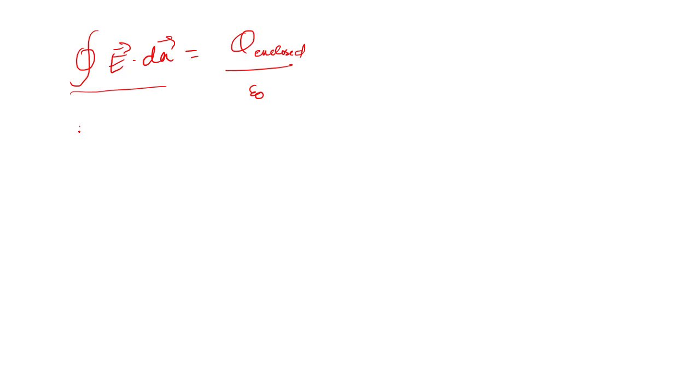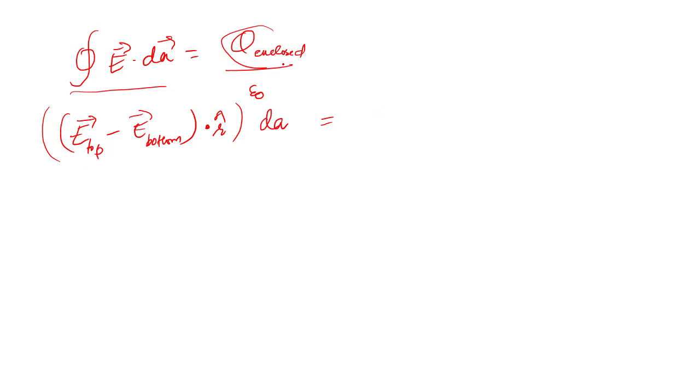So I have E top minus E bottom dot r times dA equal to the total charge enclosed, which is sigma times dA, where sigma is the surface charge density, divided by epsilon naught. These dA's cancel out.